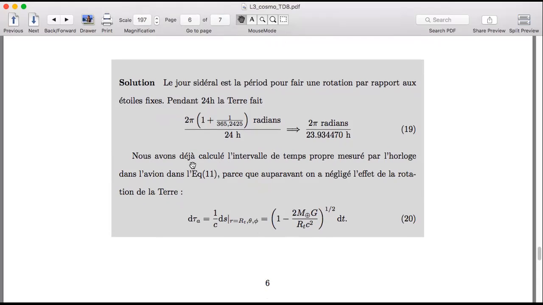So we've already calculated the proper time interval of a clock in the airplane, because that's what we did in that calculation 11. We took a clock that was stationary at the radius of the Earth in the Earth's gravitational field. So in the Schwarzschild space-time with mass of the Earth and radius of the Earth, but we ignored the phi dot. Well, that's what this airplane is doing. It's essentially holding still in the Schwarzschild space-time.